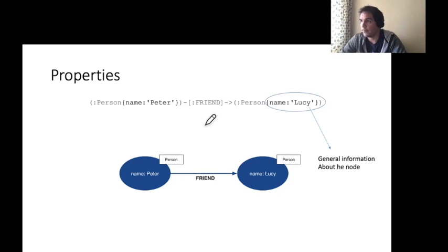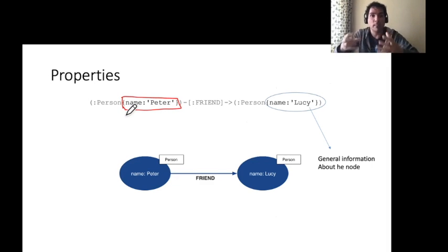We can also start adding more information inside that, what we call properties of the node. In this particular case, we are saying that this node is going to be a person, and now we can add additional information, properties, in order to indicate more information about that particular person.